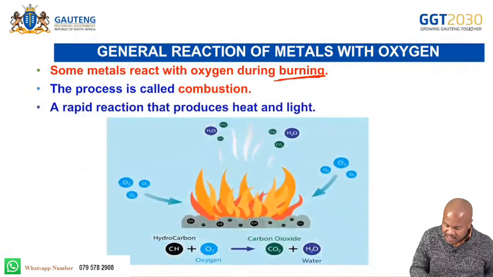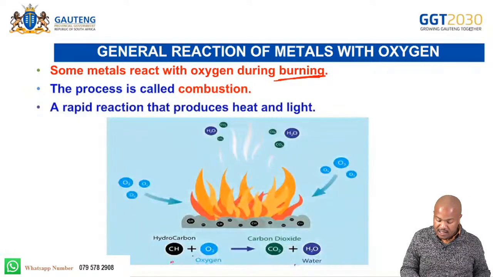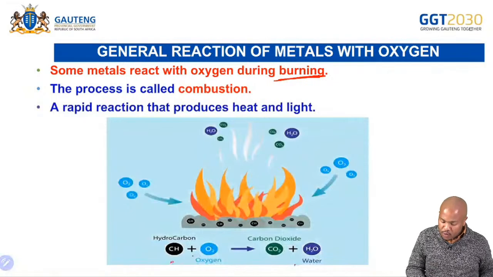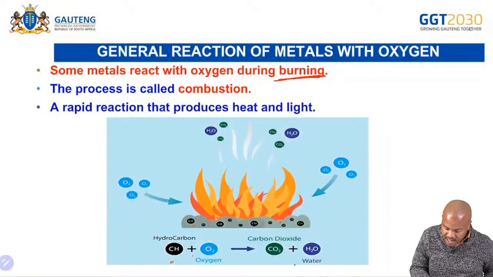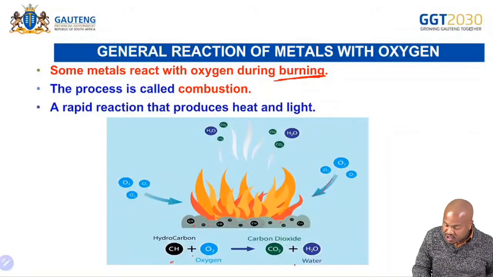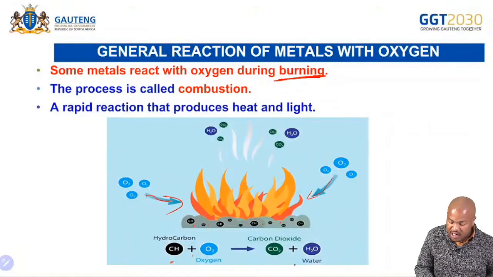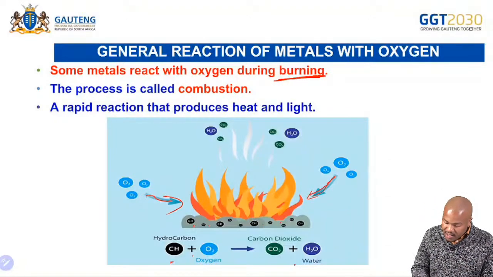Looking at this example here, you have a hydrocarbon reacting with oxygen to form carbon dioxide plus water. Looking at this fire, we have some hydrocarbon, and now this fire has started and we have some oxygen entering the reaction. Remember, this is combustion.